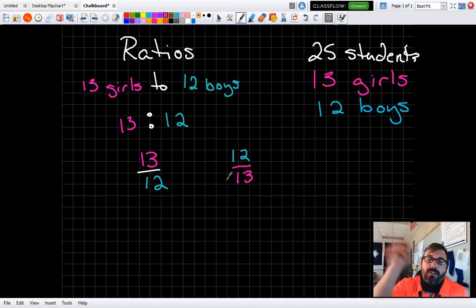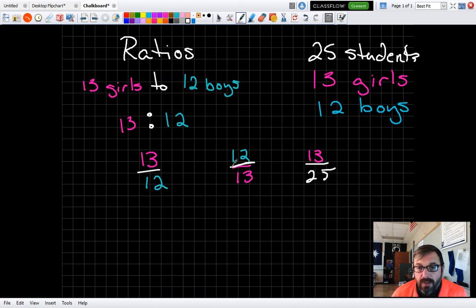I could also represent them as a total. So I could say 13 girls to 25 students. And so these are all different ways that I can represent this. What is important is that there is a link between these numbers.